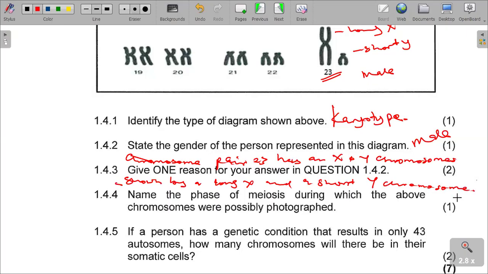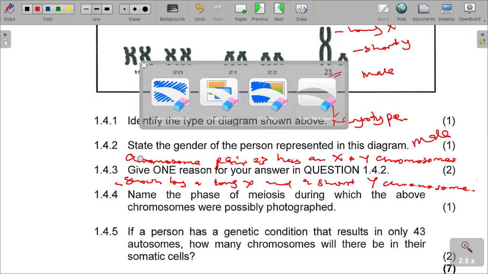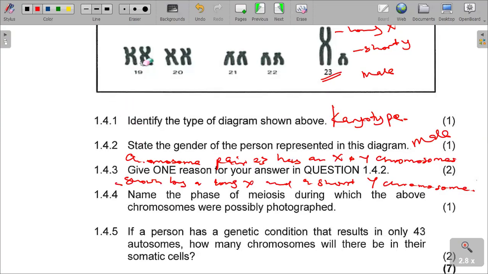That represents that this is a male karyotype. It shows that the karyotype is for a man, and that is why we say that.